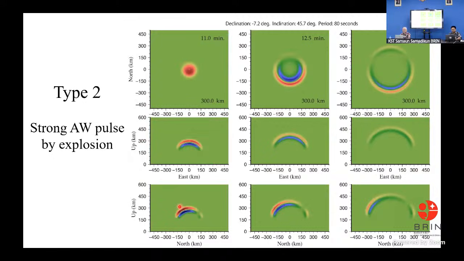And this is another cross-section, up-down and north-south. In the north-south direction, there is some difference between the north and the south, and this comes from the geomagnetic field. And you can see that the wavefront expands both in the vertical and also horizontal directions.